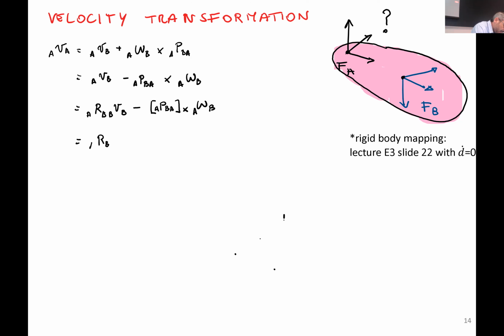And then we want to do everything in terms of frame B here. So we rotate.